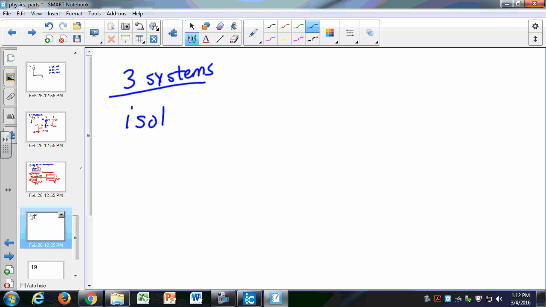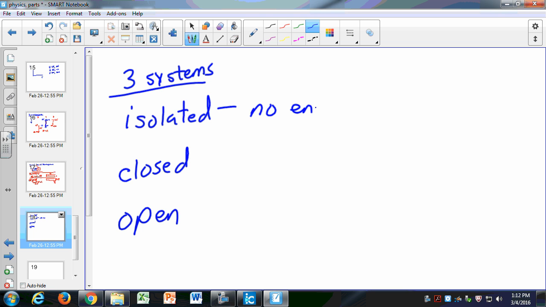An isolated system, you have a closed system, and then you have an open system. In the isolated system, no energy or matter is exchanged with the surroundings.